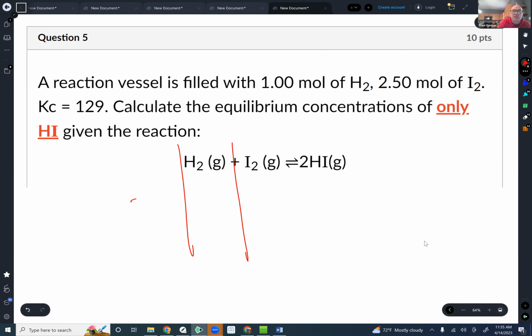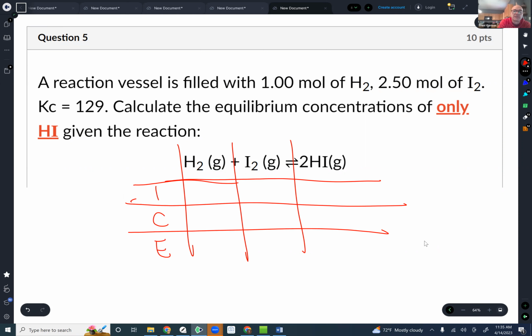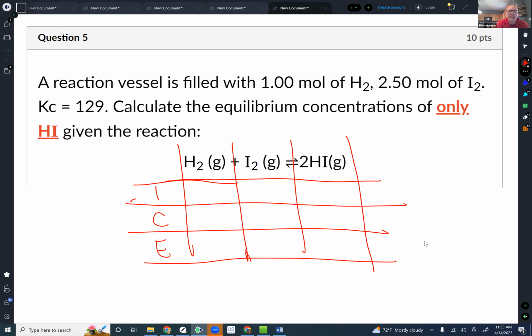And I'll list out my ICE. Okay, now I am starting with 1 of the H2 and 2.5 of the I2. I don't have any HI, so it means I got to list that as 0.